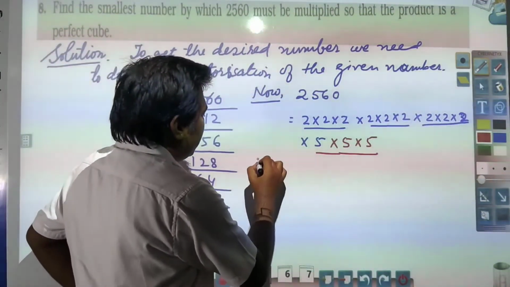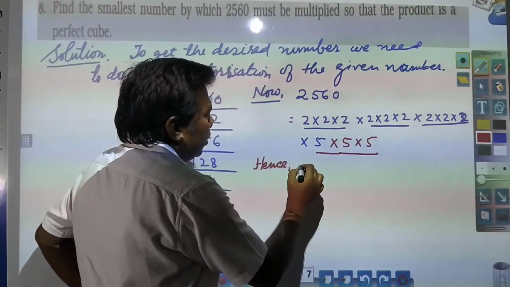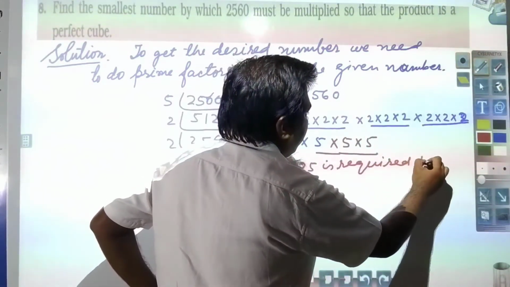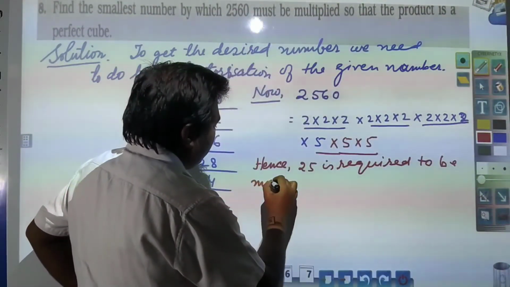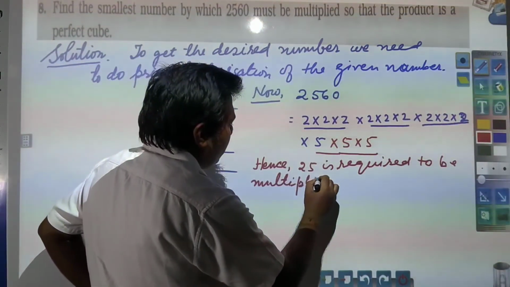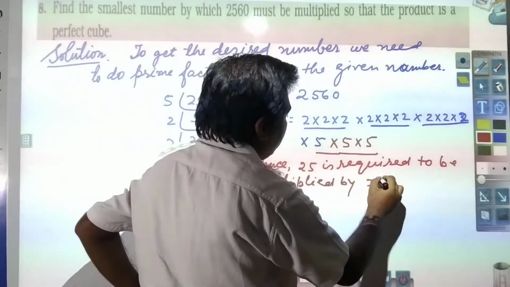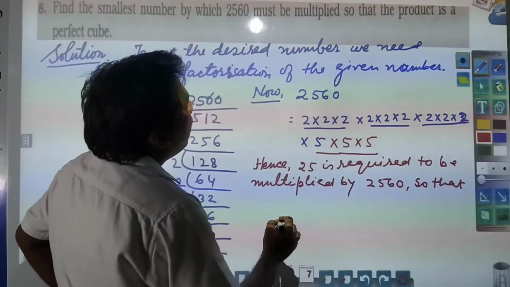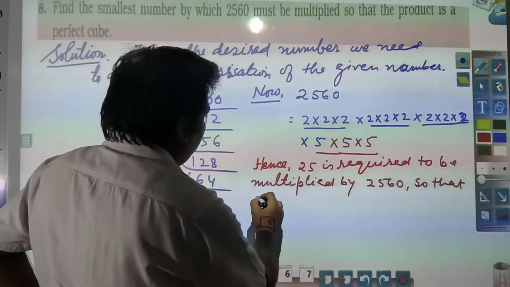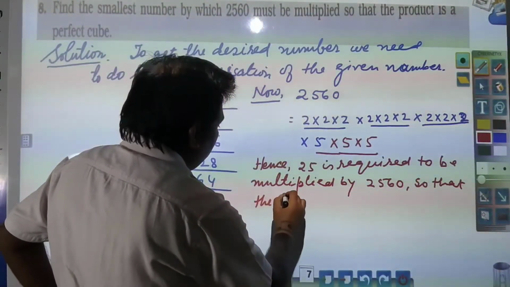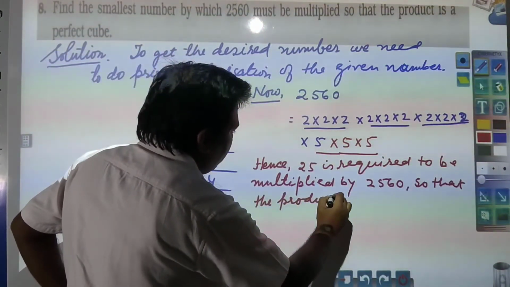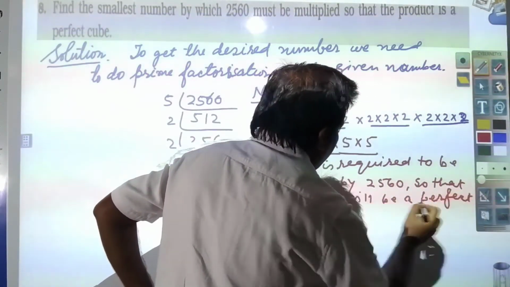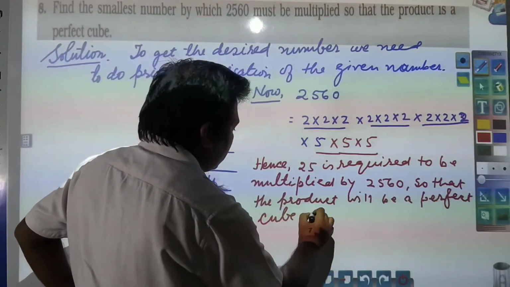So your answer will be, here you will write, hence 25 is required to be multiplied by 2560 so that the product will be a perfect cube, and this will be your answer.